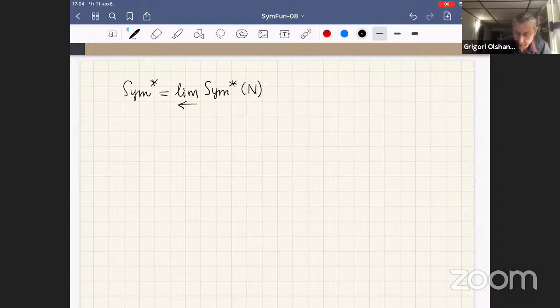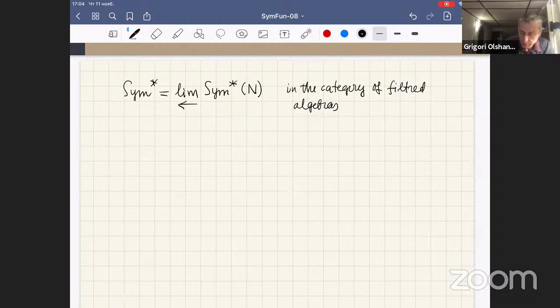And this limit is taken in the category of filtered algebras, which essentially means that the degree of the polynomials remains bounded.